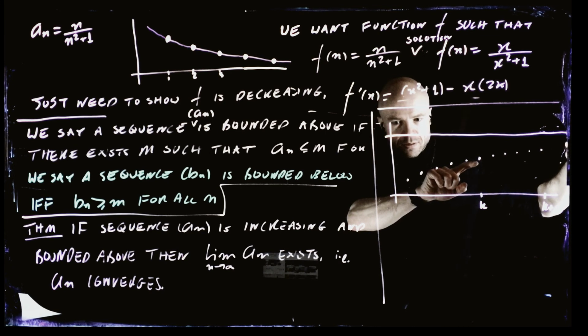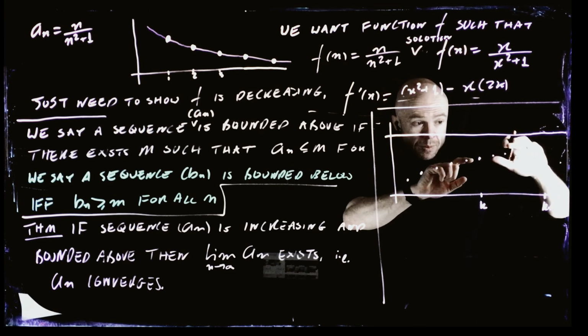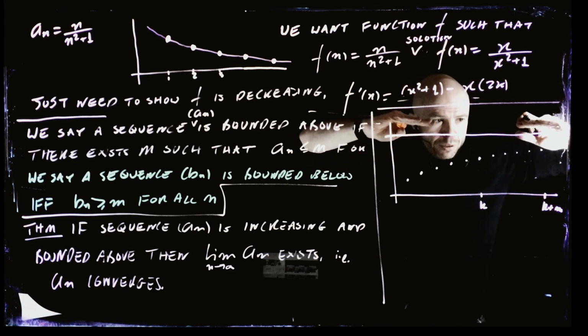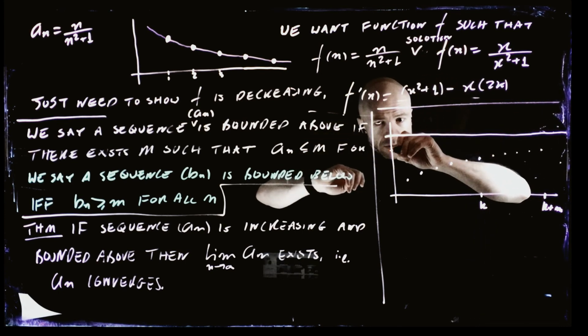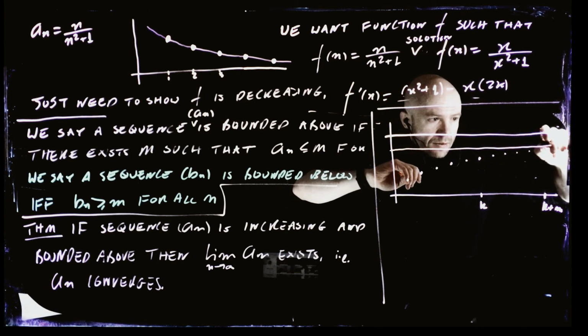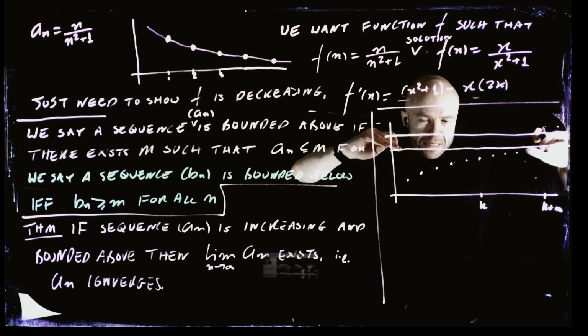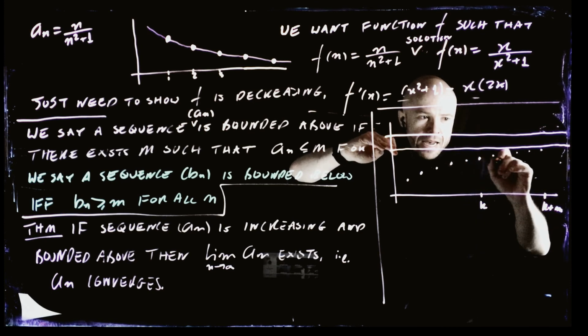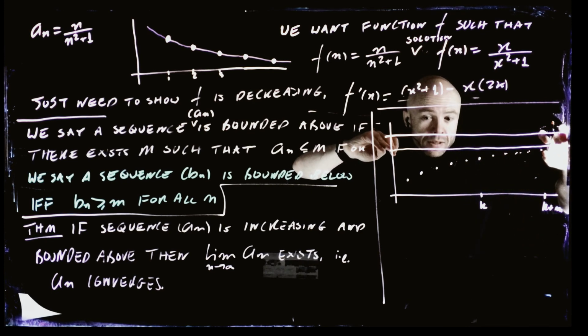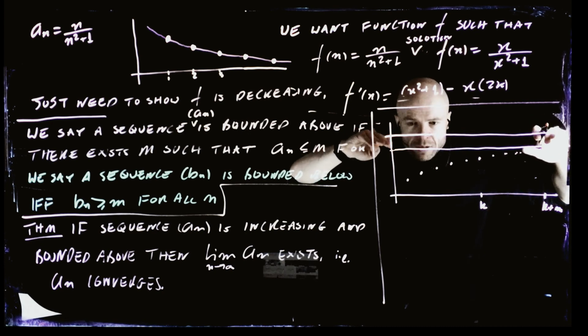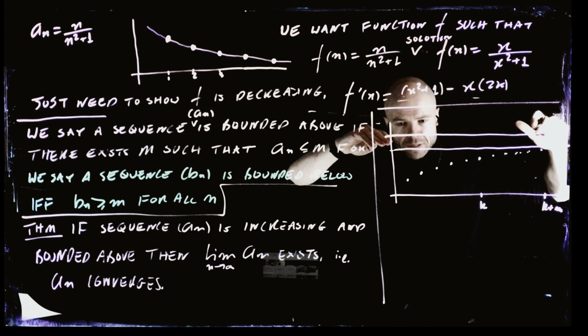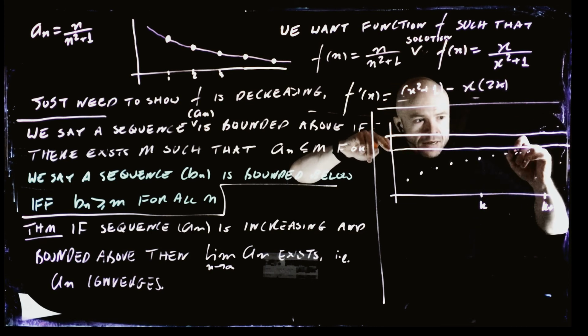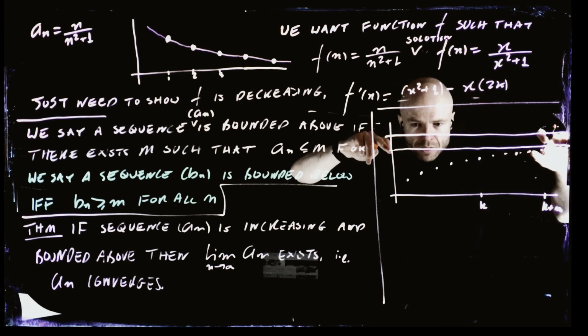So you can imagine pulling down this line here, and as we get closer and closer to this line, which will be the smallest number bigger than all the elements of the sequence, then as we go along the sequence, we're getting pushed closer and closer to it. And that has to be the limit.